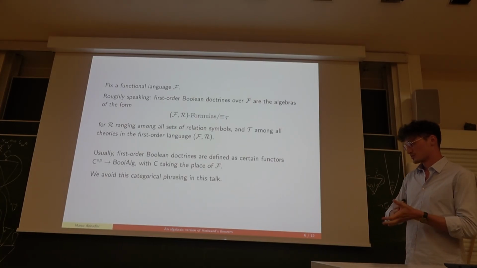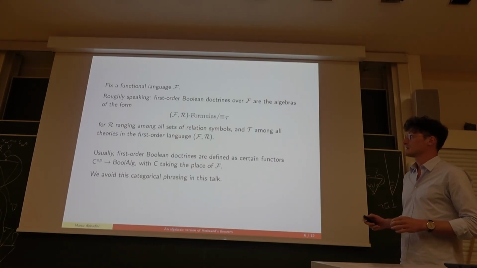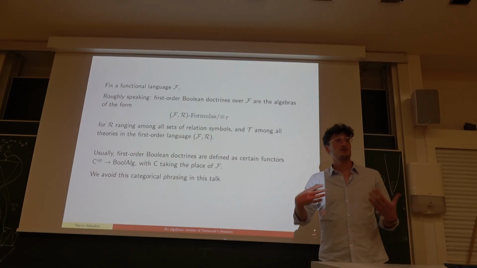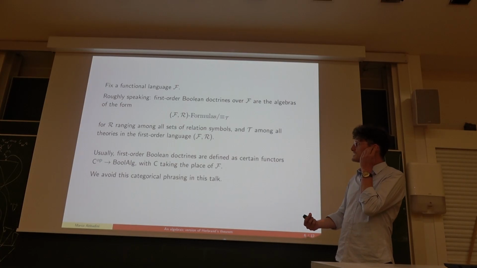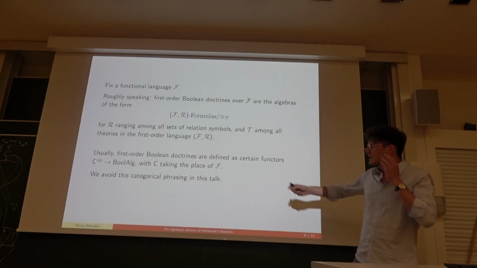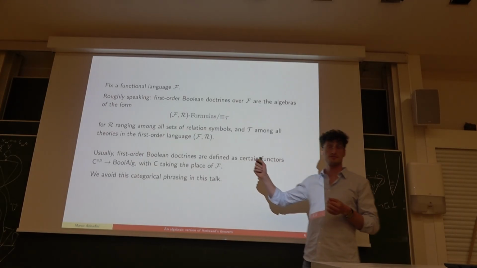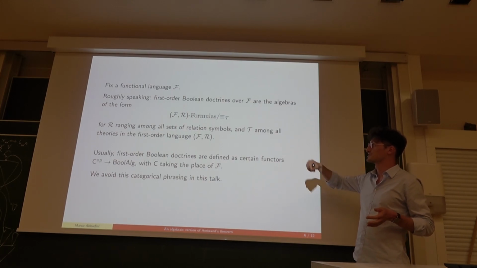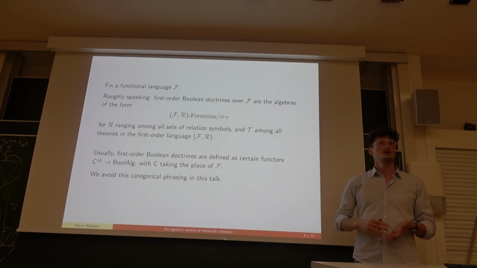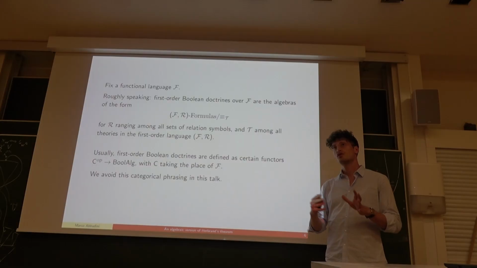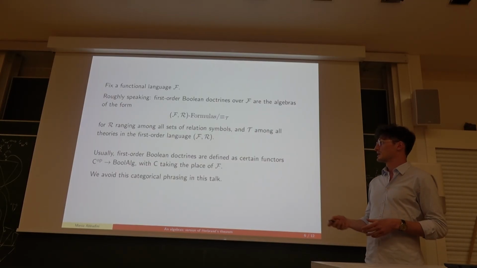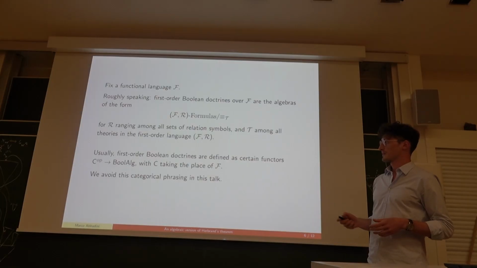So just to sketch a definition, fix a functional language F, and roughly speaking, a first-order Boolean doctrine is what you get if you take a set of relation symbols and a theory T in the language made up of F and R. You consider all formulas in this language, and you mod out modulo T-interprovability.